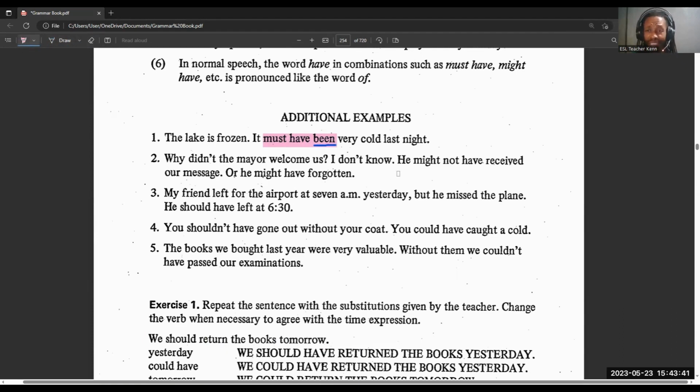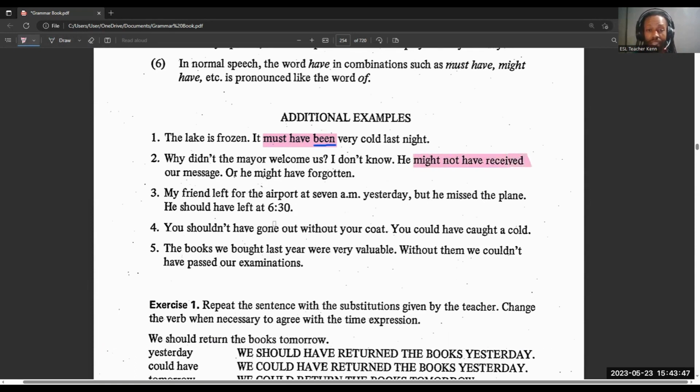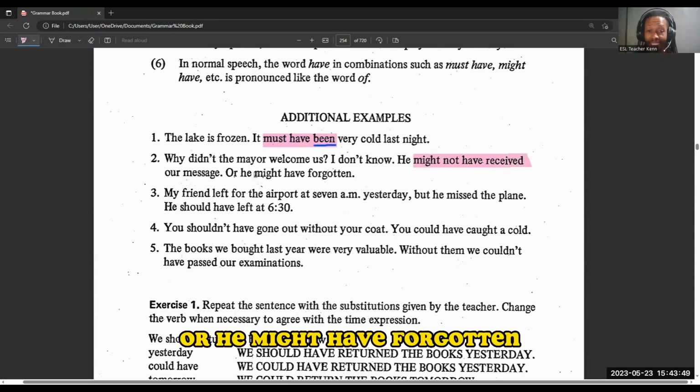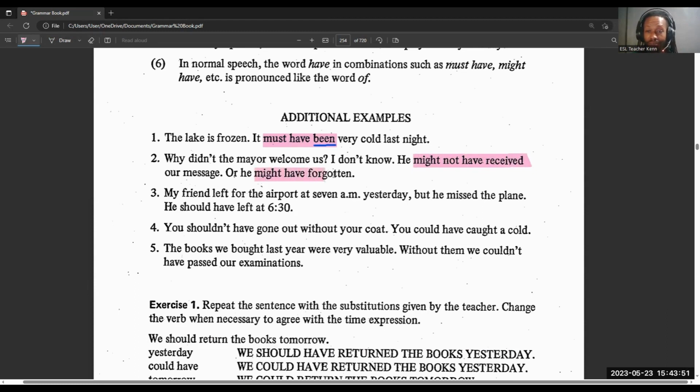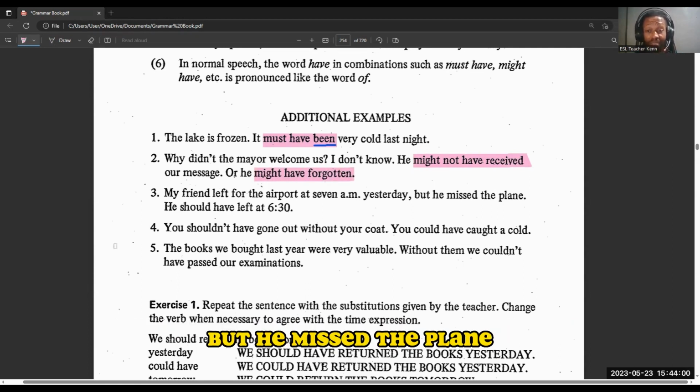I don't know. He might not have received our message, or he might have forgotten. My friend left for the airport at 7 a.m. yesterday, but he missed the plane. He should have left at 6:30.